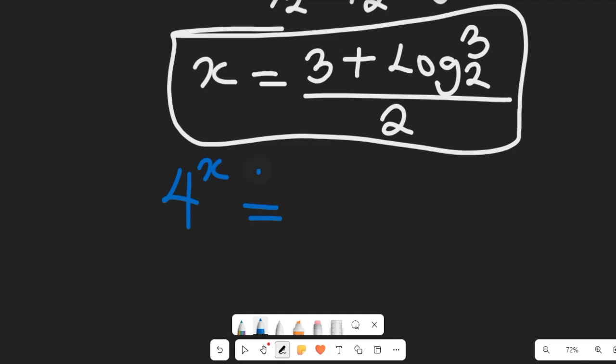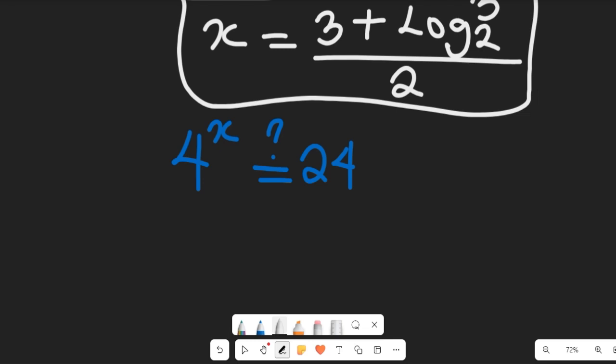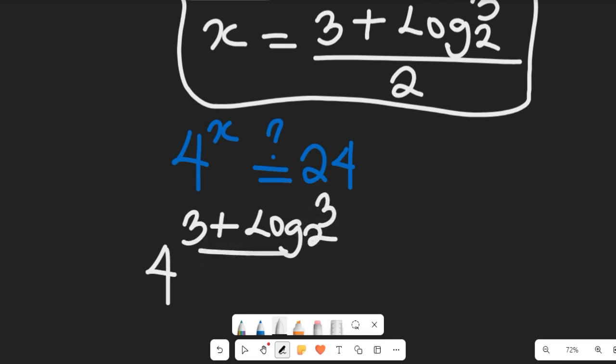Will it be equal to 24? So if we insert the value of x into this expression, we'll have 4 to the power of 3 plus log of 3 base 2 divided by 2. Will this be equal to 24?